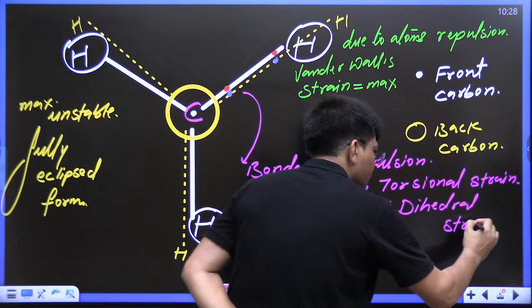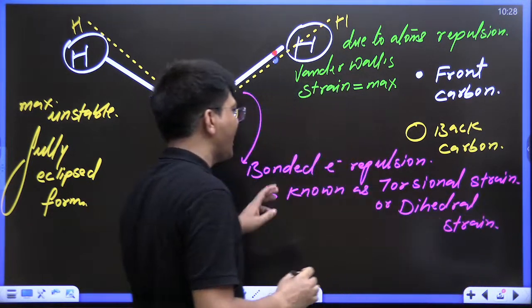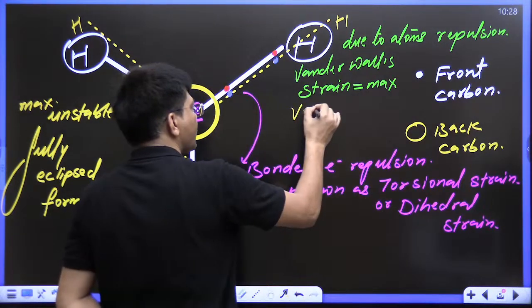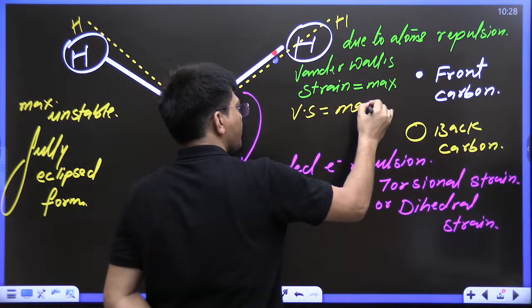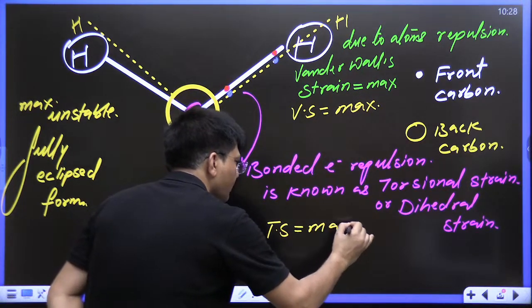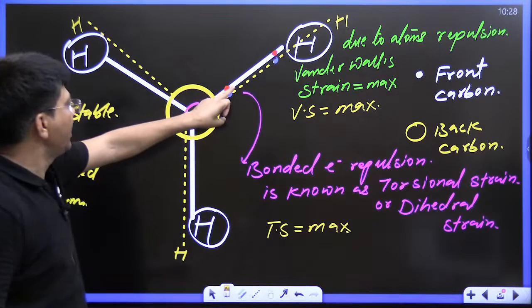Kids, this is also known as dihedral strain, and that is maximum. So I will say van der Waals strain is maximum. Torsional strain is maximum because this dihedral angle is 0.